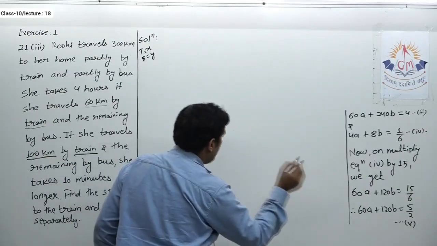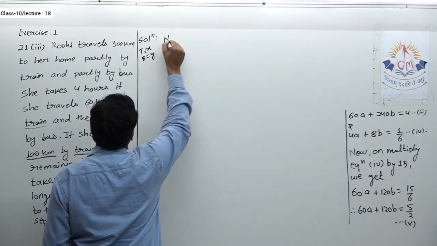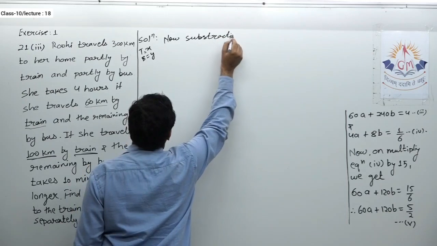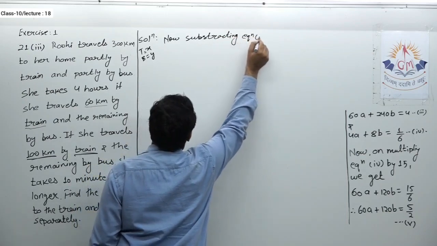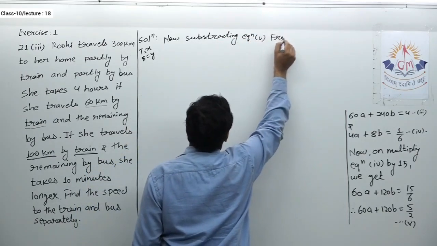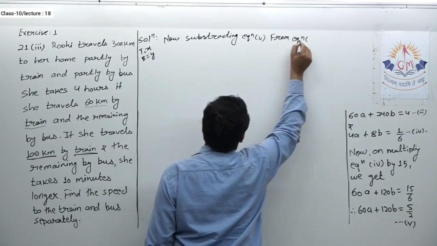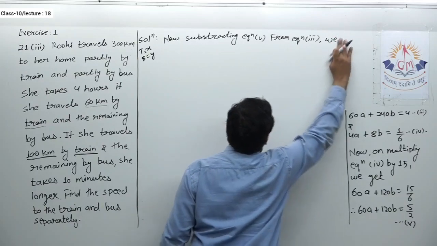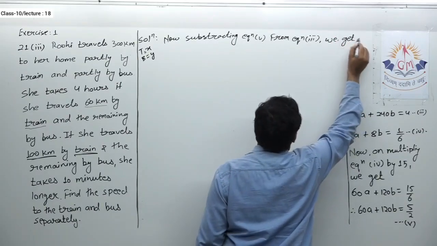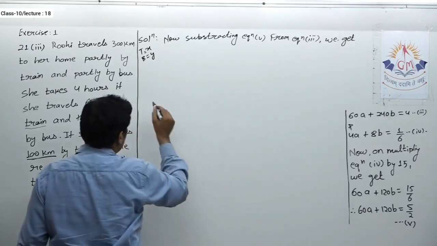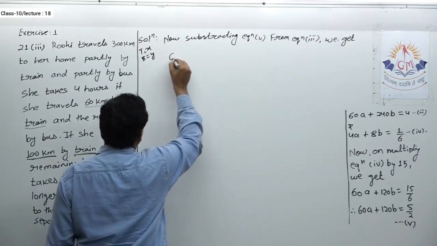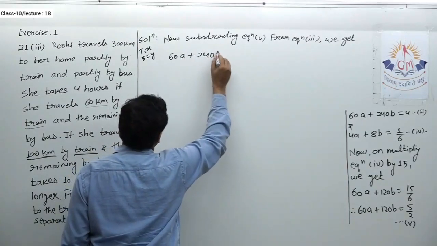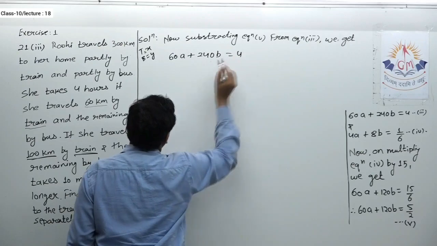Okay, now subtracting equation 5 from equation 3, we get, from equation 3, 60A plus 240B is equal to 4.